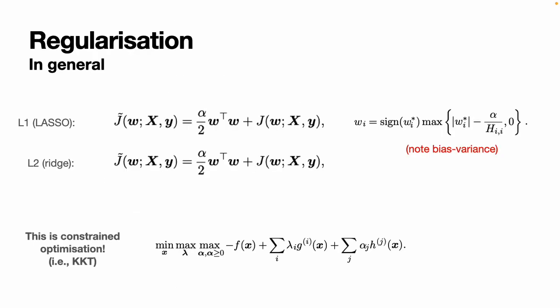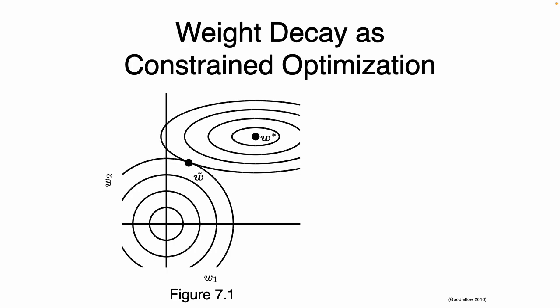And there's a helpful picture for this as well. So let's imagine that I'm optimising some cost function. It might be for a deep learning model, might be for linear regression, or whatever. So there's some cost surface.